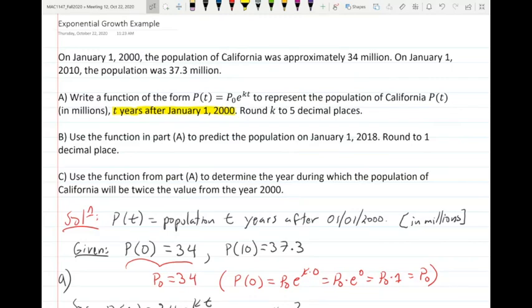So how do we do this? What do we need to do to answer part B? Very good. We already have a formula, so all we have to do is plug in a t, because 2018, that's just P of 18. That's really what they are asking.